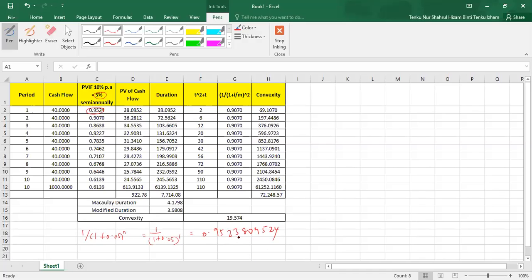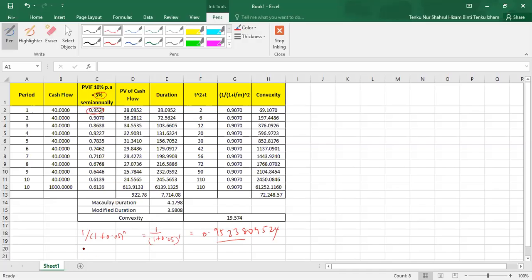You can use up to 4 decimal points, which is 0.9524.